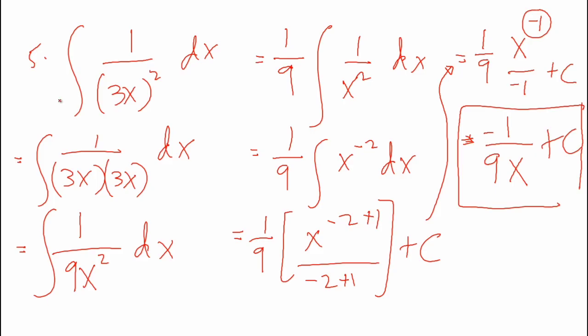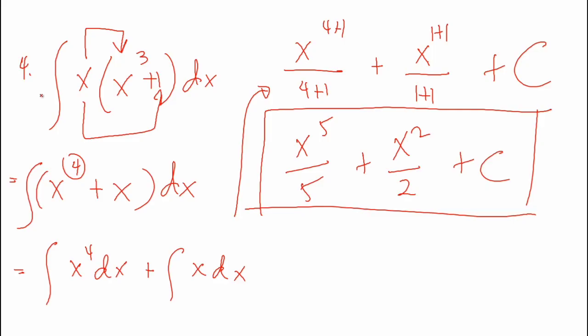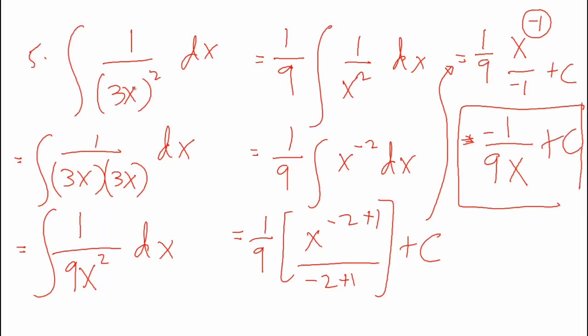So for our last example, example number 6, we have the integral of 1 over x multiplied by the fifth root of x dx. So same with example number 5, you have to multiply.